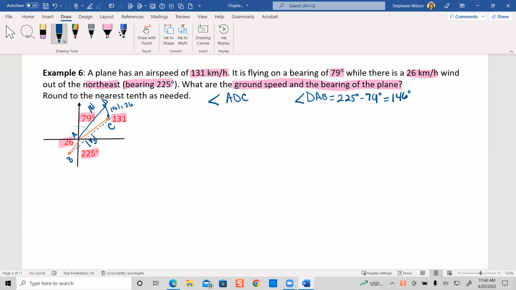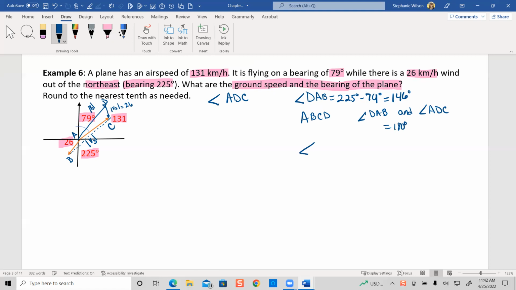Now, since ABCD is a parallelogram, the angles that measure DAB and measure ADC are supplementary, that is, the sum of the two angles is equal to 180 degrees.